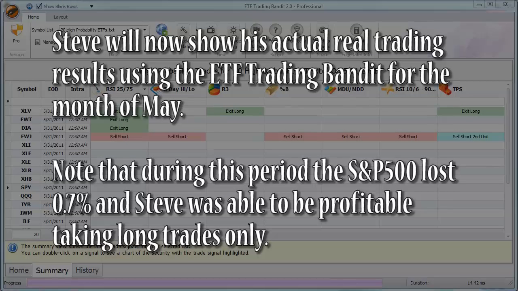I wanted to be sure I got the best of the best. I wound up with 106 stocks and ETFs in my list that ETF Bandit scans for me every day, and I pick from those to do the trades.